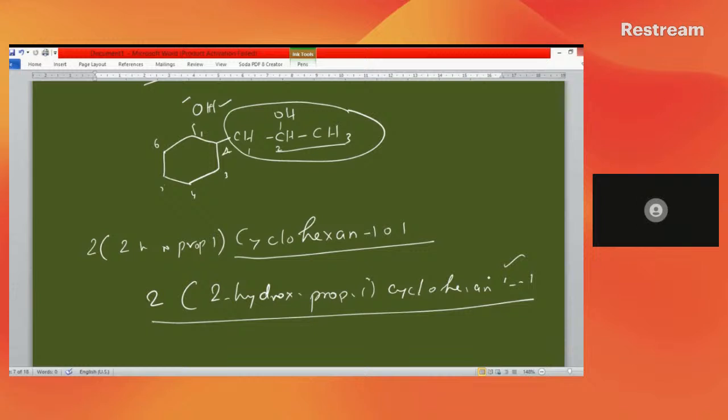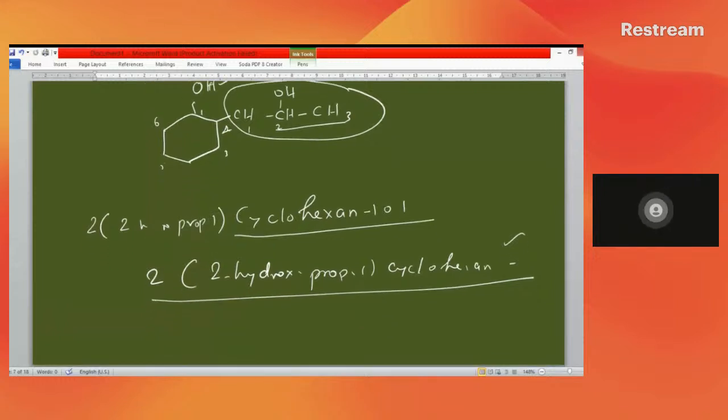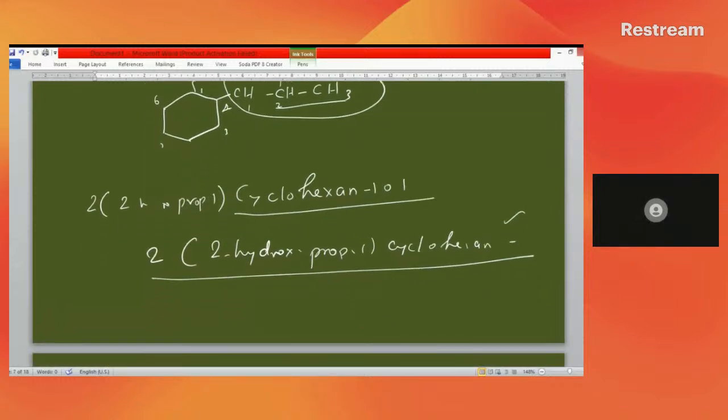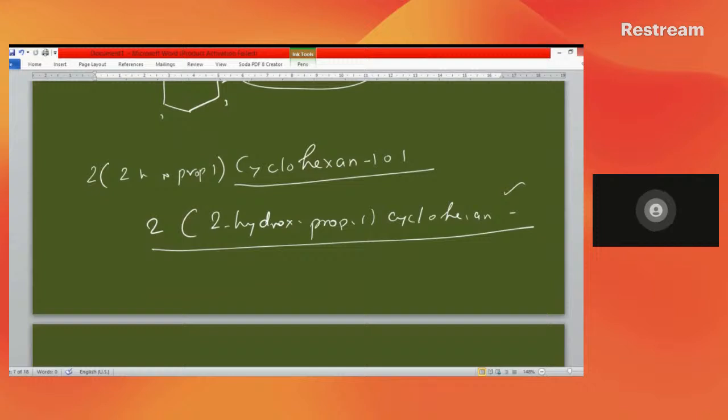Okay, and this is the best example. You see the other rule. When there are more than one ring structure.